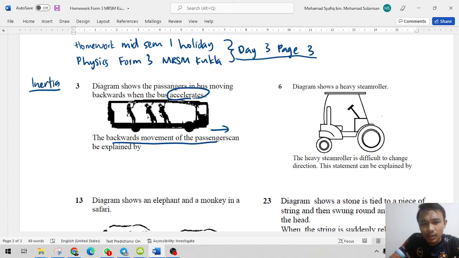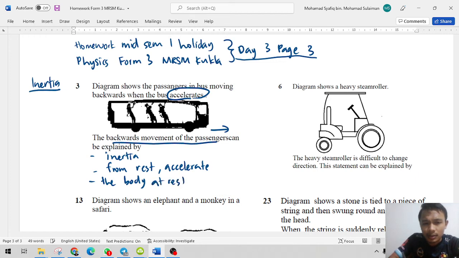Okay, so it is explained by inertia, because when the bus from rest moves, so it is from rest then accelerates, the passenger body, the body at rest, tries to remain at rest.